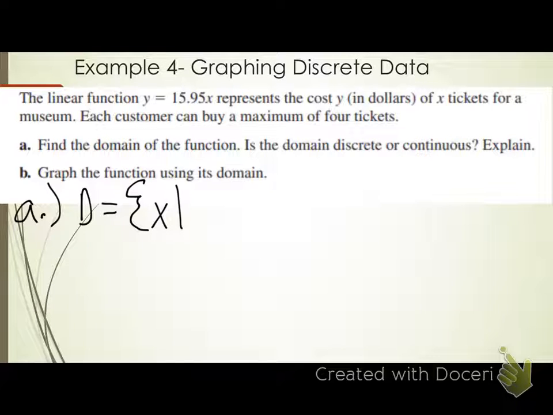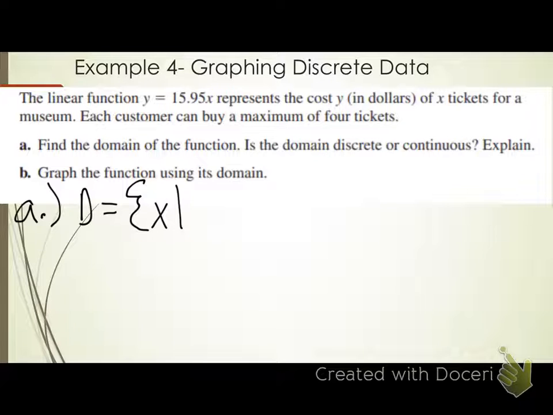Well, can you buy half of a ticket? No. Can you buy 3/4 of a ticket? No. Can you buy a third of a ticket? No. Can you buy 1/6 of a ticket? No. Can you buy 99/100ths of a ticket? No. You can only buy 1 whole ticket, 2 whole tickets, 3 whole tickets, 4 whole tickets, etc. Well, I can't go past 4, can I?